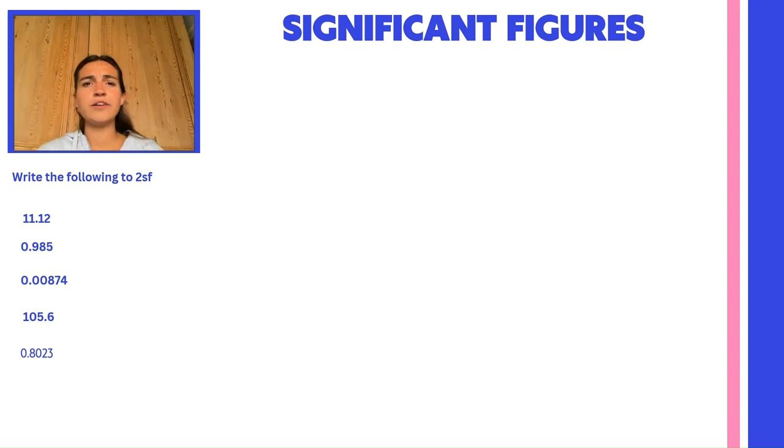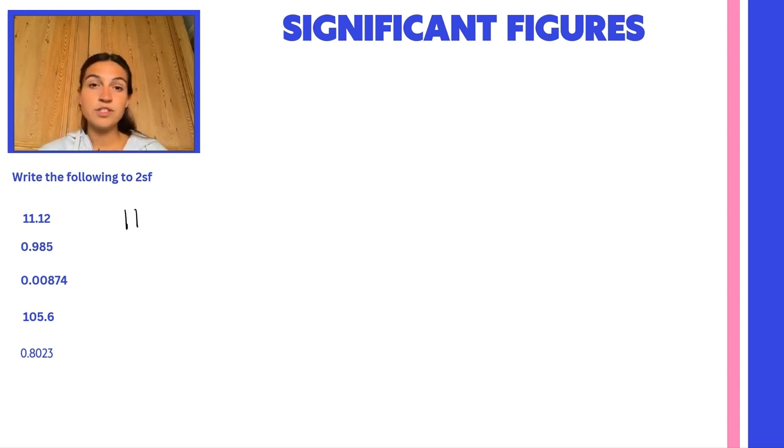So now I just need to check whether I need to round that final significant figure up or if I can just leave it as the 1. You'll see after the decimal point here, the next number is a 1. So that's fine. I don't need to round my answer up, and I can have 11 there as my two significant figures. Okay, next here is 0.985.